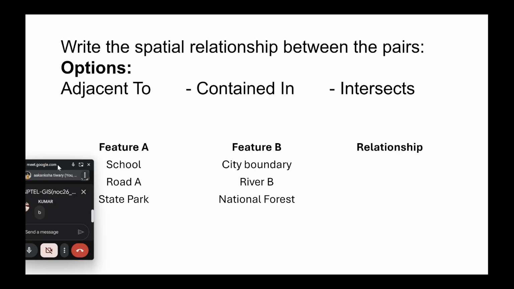So we have three options. First is adjacent to, second is contained in, and third is intersect. So you have to connect the feature A, which is entity, to feature B. So there are two entities, and we have to give spatial relationship between these two.